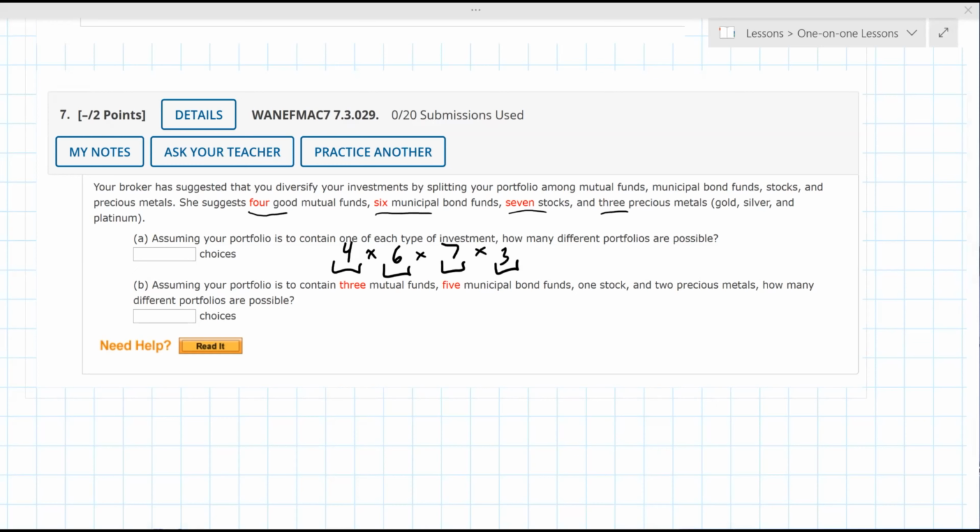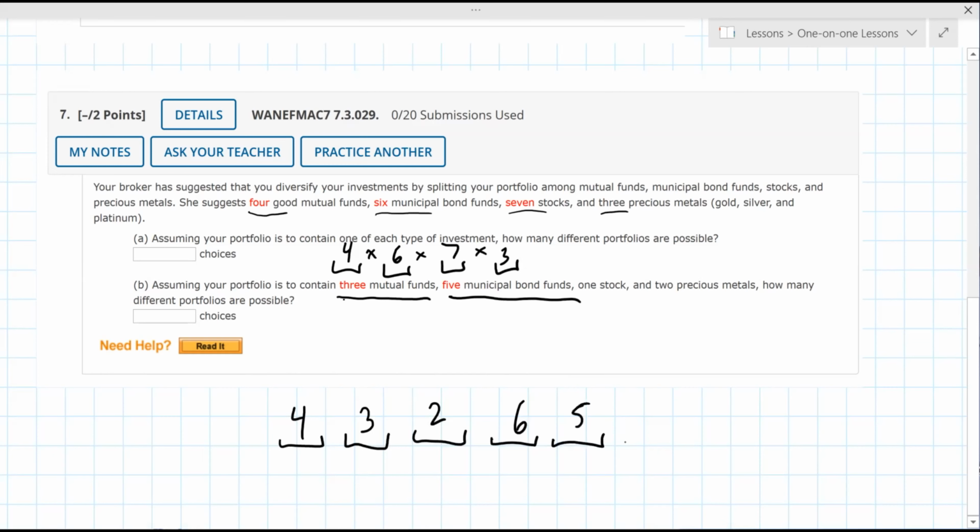So let me just check that before we move on to part B. All right, that's correct. Okay, so now you have to have 3 mutual funds. That means there's this mutual fund category, so you have 4 to choose from, then 3, then 2. But they need 5 municipal bonds. There's 6 that you can choose from to start, then 5, then 4, then 3, and then 2. 1 stock, so there's 7 stocks, and 2 precious metals, so there's 3 precious metals and then 2.